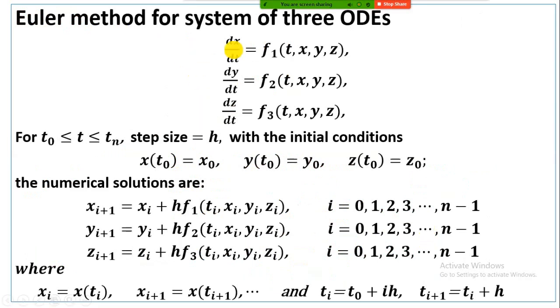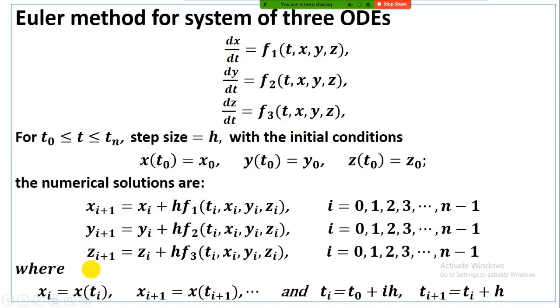Euler method for system of 3 ODEs. If we have a system of 3 ODEs with the given interval for time t, step size, and initial conditions, so the numerical solution by Euler method is x_{i+1} is equal to x_i plus h times f1.